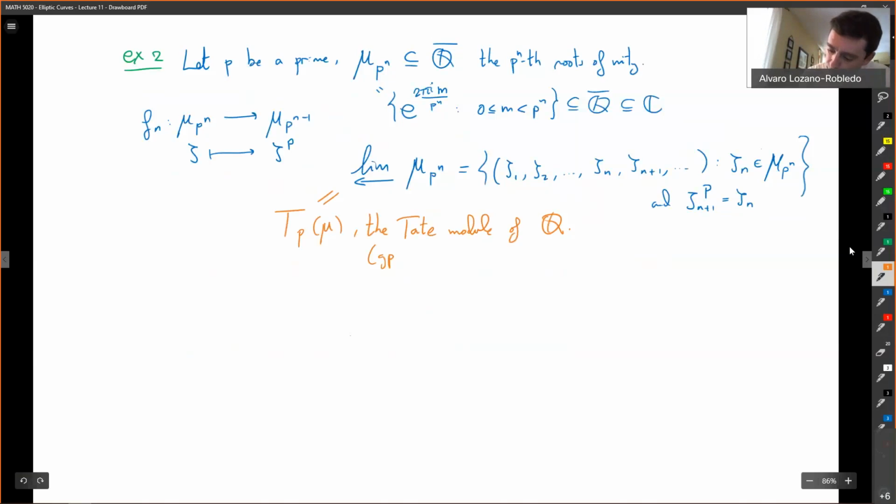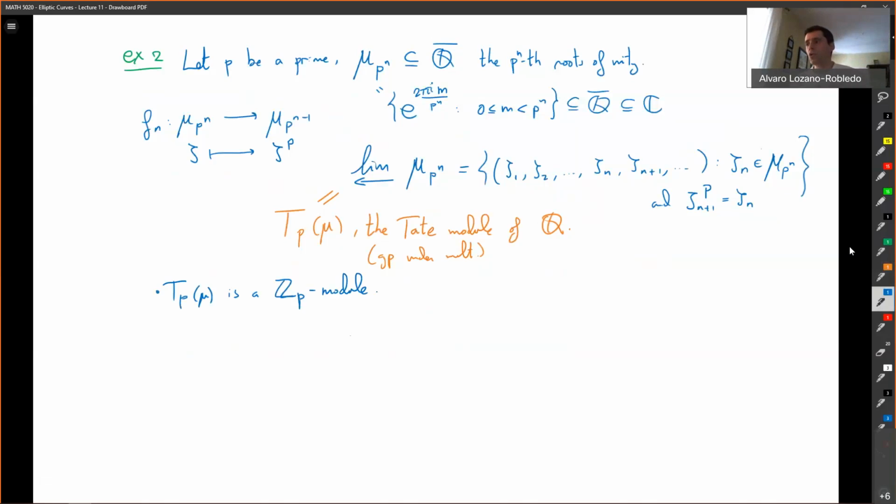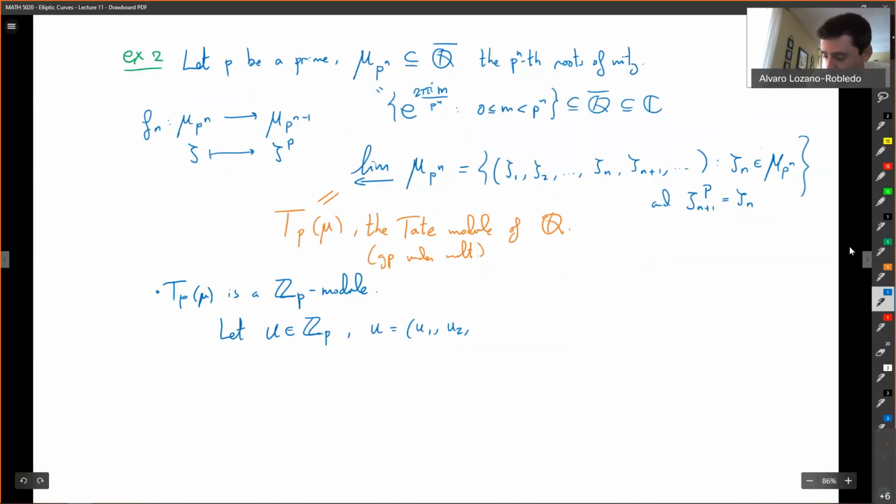And why is it called a module? Well, there's got to be some module structure. It is also a Z_p module. So let me show you the action of Z_p on roots of unity. Let u be a p-adic integer. So u is u1, u2, etc., a sequence of integers that are congruent.